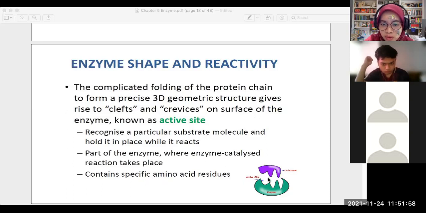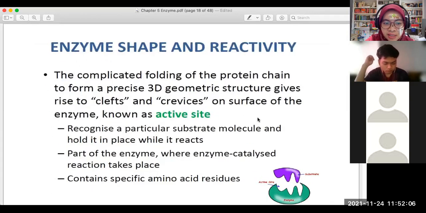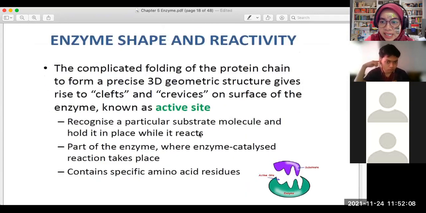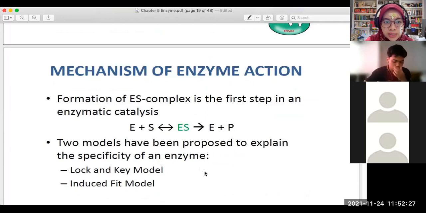This hole or place for something to bind is what we call the active site. These active sites are highly specific, meaning they can recognize a particular substrate to bind to. It won't simply allow any substrate to bind, so only a recognized substrate can bind to this active site. Okay, so let's look into detail.